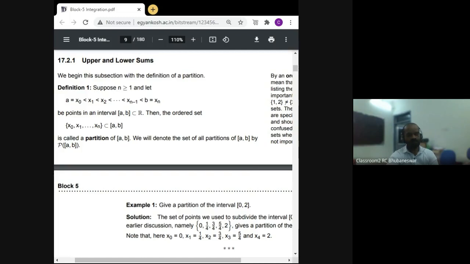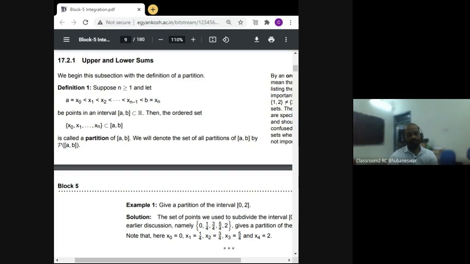This is an ordered set x0, x1, x2 up to xn, a subset of the closed interval [a, b]. This kind of set is known as a partition of the interval [a, b].